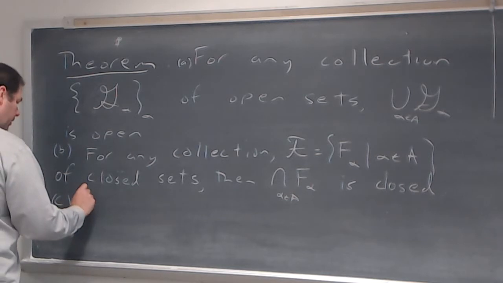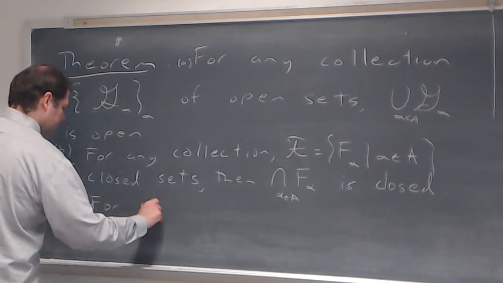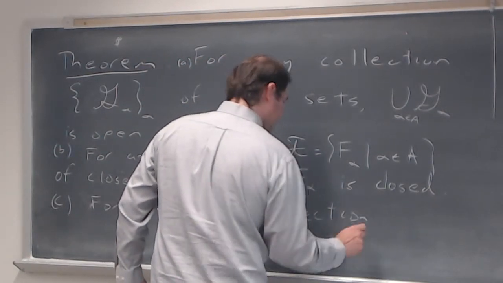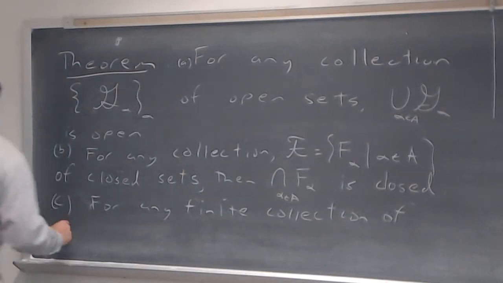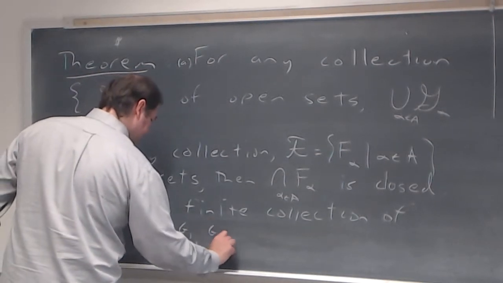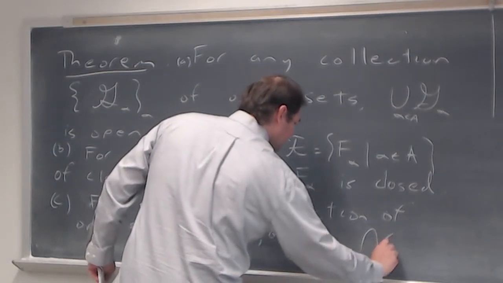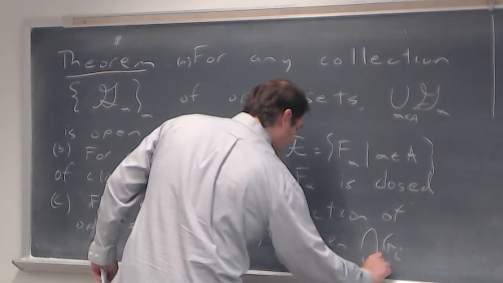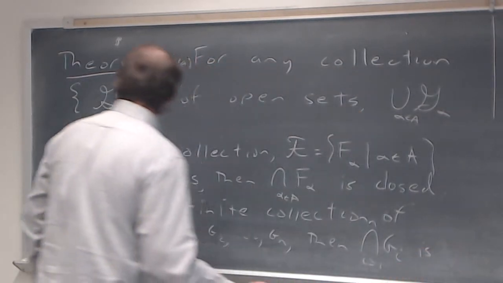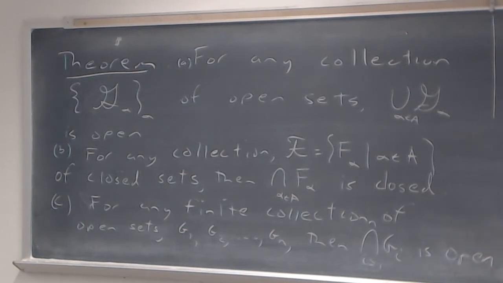Part C, it says for any finite collection of open sets G1, G2, up to Gn, then the intersection of the G sub I, where I runs from 1 to n, is open. Let's finish up the statement here.